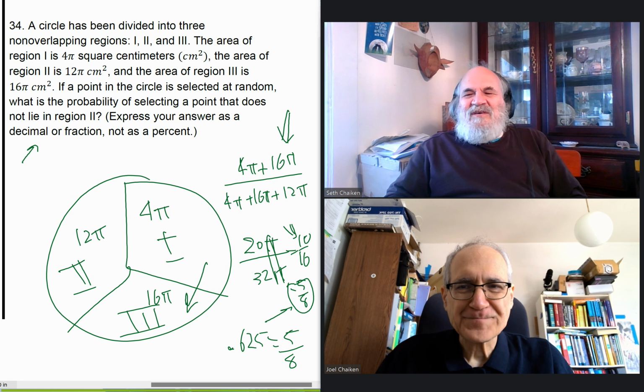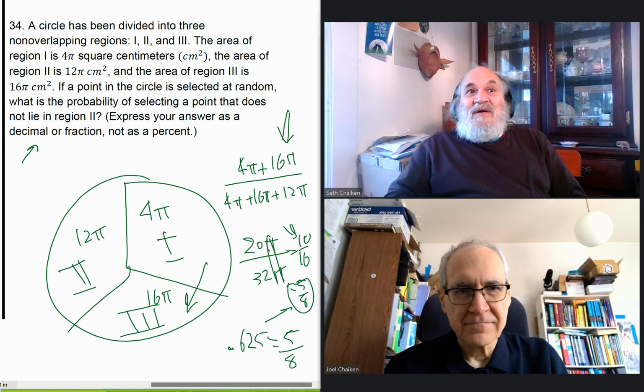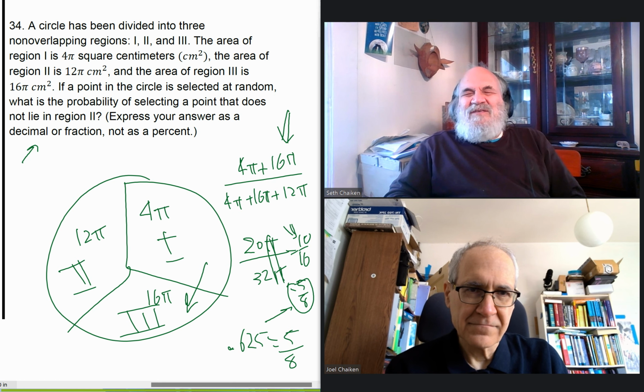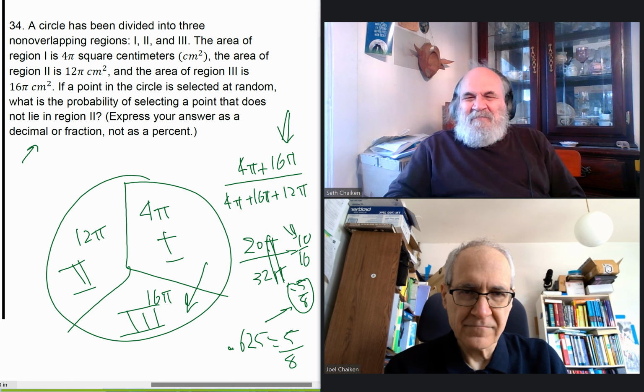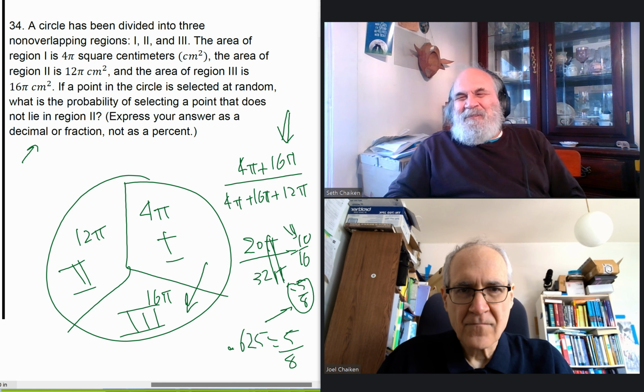But picking a point, it will be either in one of 3 regions, or what if it's on the boundary? Well, measure theoretically, the probability of picking a point on the boundary of an ordinary smooth region is 0. So there's a lot of subtlety involving probability where there are infinite sample spaces.